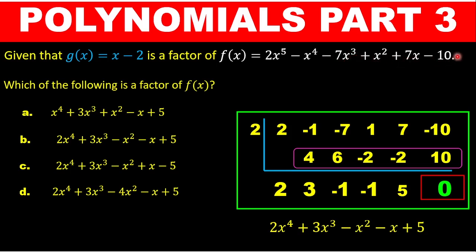So if you get it clearly, we are being told that k of x is a factor of f of x, which simply means that k of x is dividing f of x. So when that division takes place, what will be the factor?